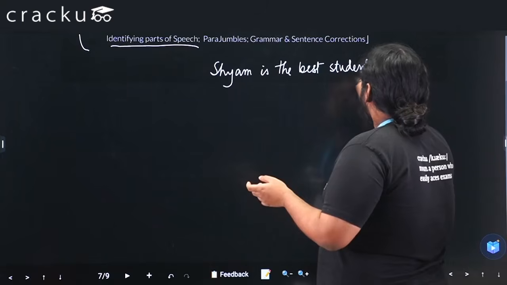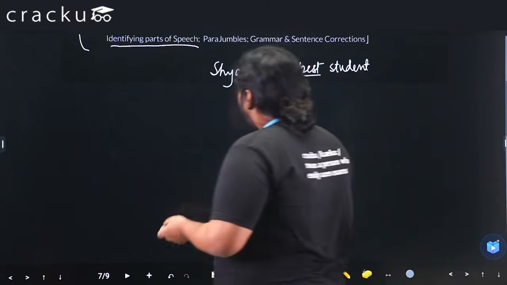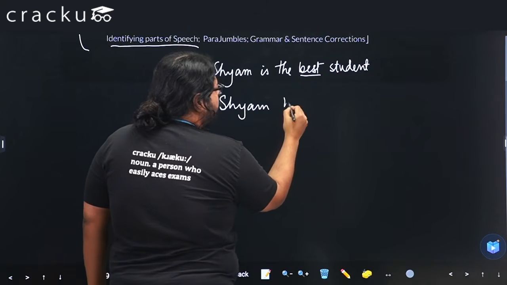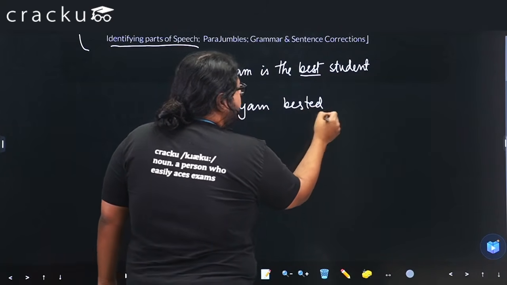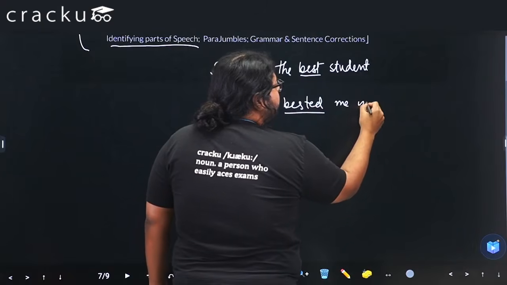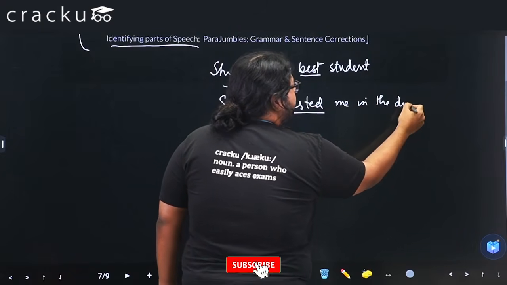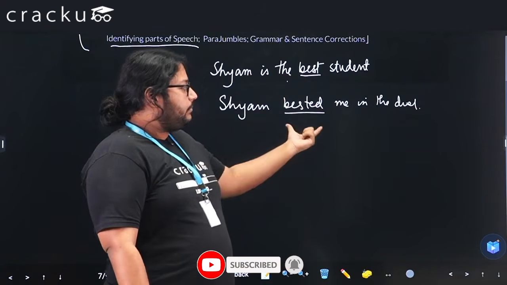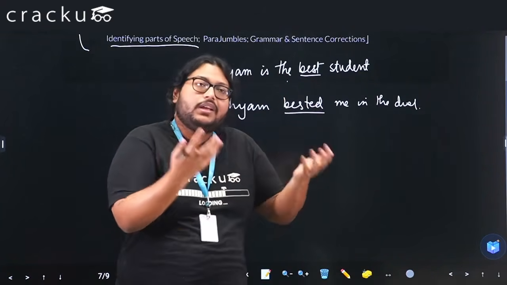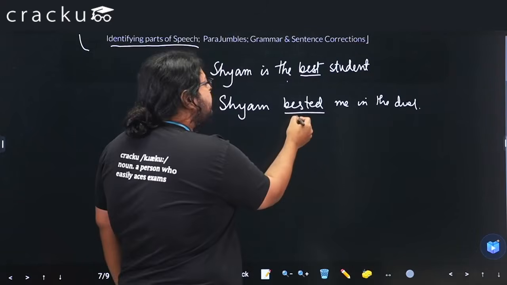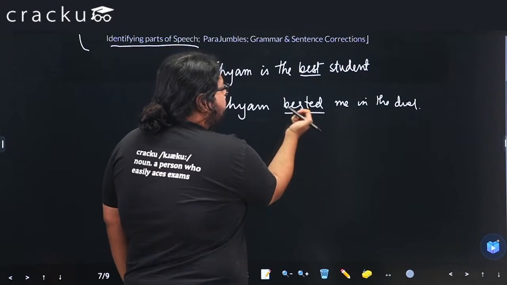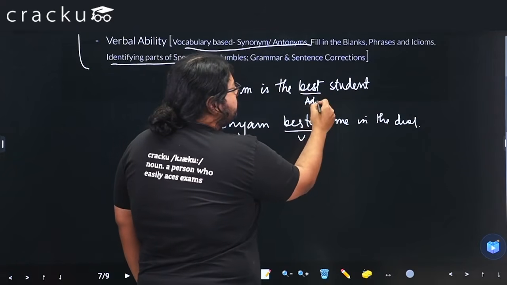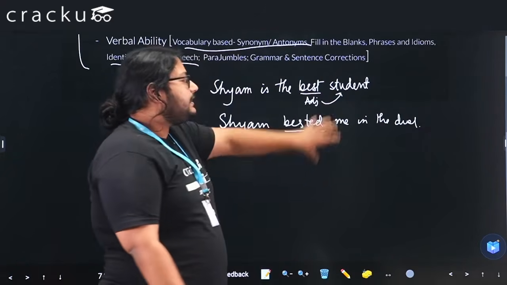Let's say this is one sentence where I'm using best, and in another sentence I'm using something like "Sham bested me in the duel." So they can give four sentences like this where they're using the same word best, and they can ask you, okay, where is best working as what? Here it's a verb because it's telling us the action, and here it's an adjective because best student, what kind of student. So basically something like that.